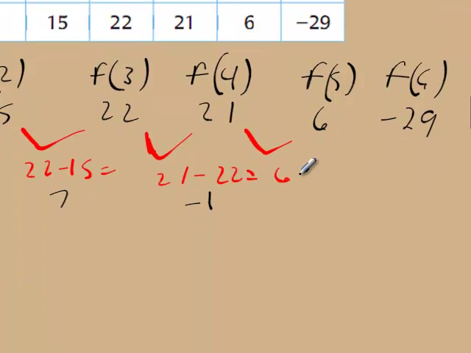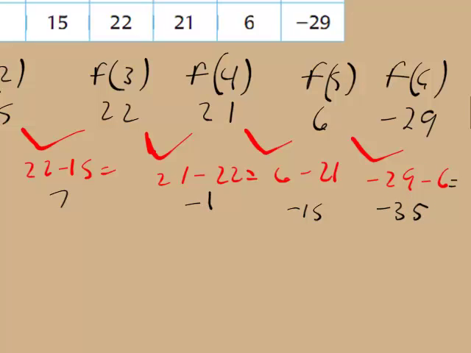So 6 minus 21, running out of space here, which is going to give me -15. And finally, -29 minus 6, and that equals -35.